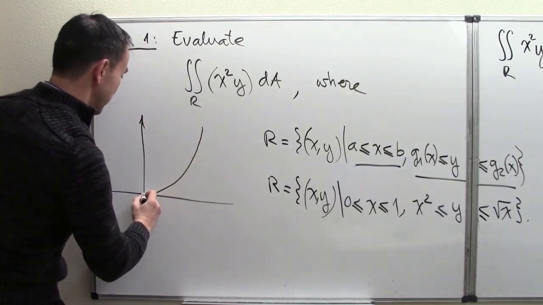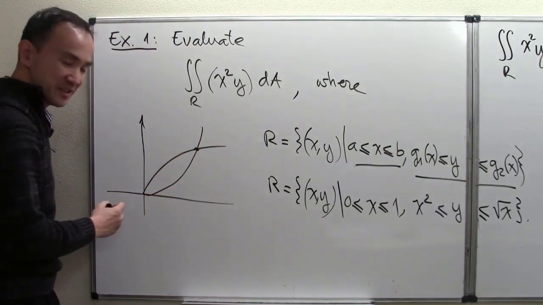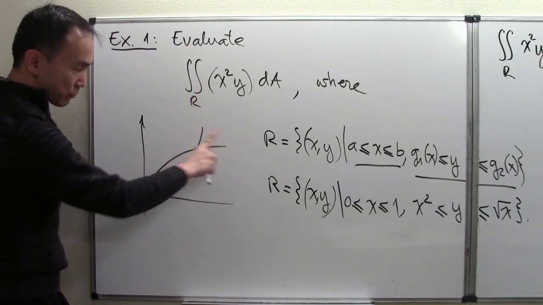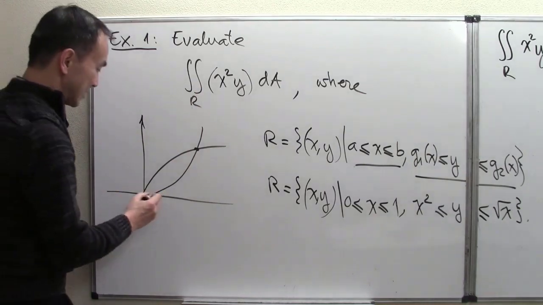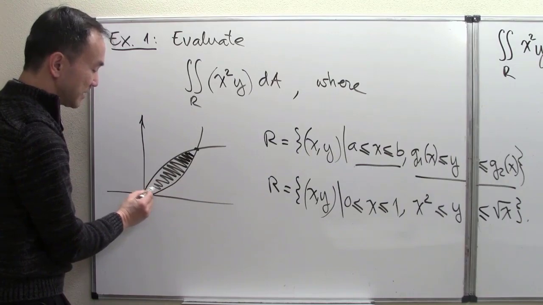The region is just a region being trapped between two parabolas. One parabola is pointing this way, the other parabola pointing this way, right? And so now, see, that's the region, all right?